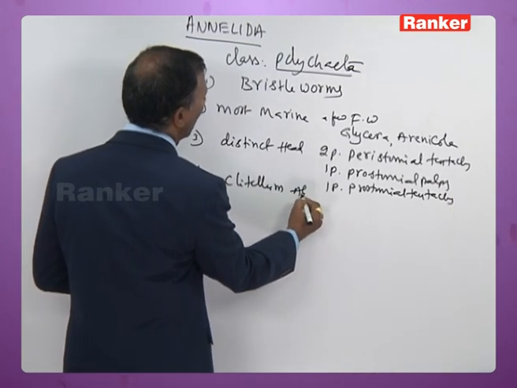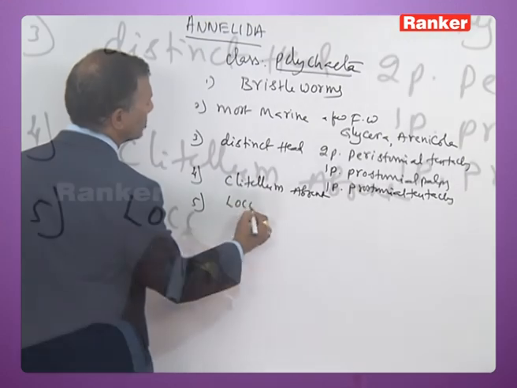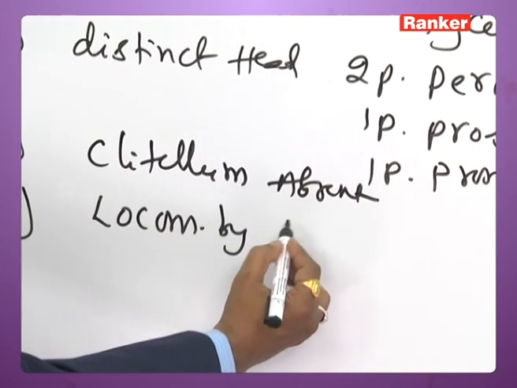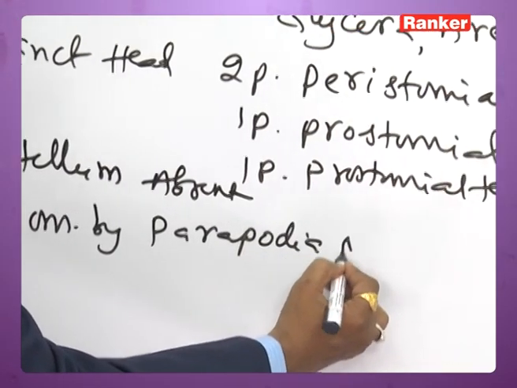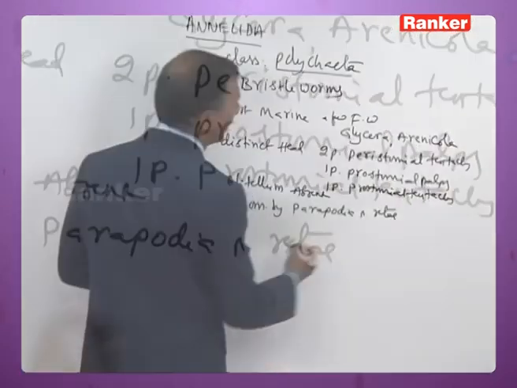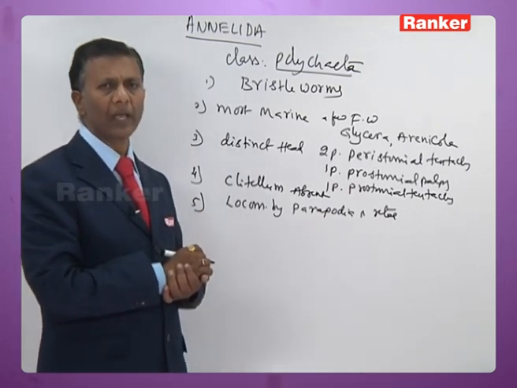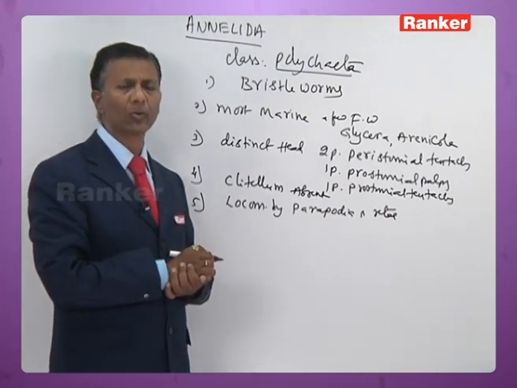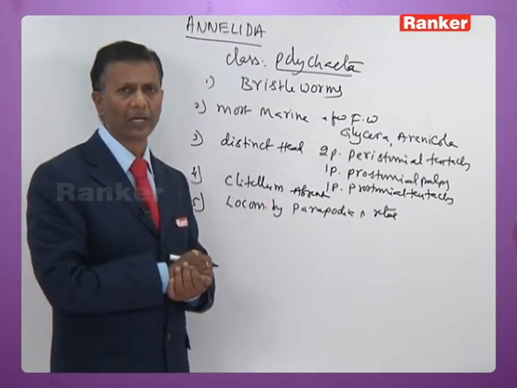In polychaetes, locomotion takes place by parapodia and setae. Most of them respire through the body wall. Even these parapodia also help in respiration.